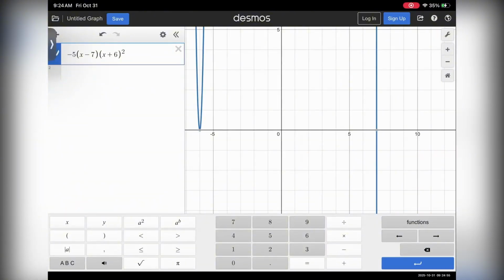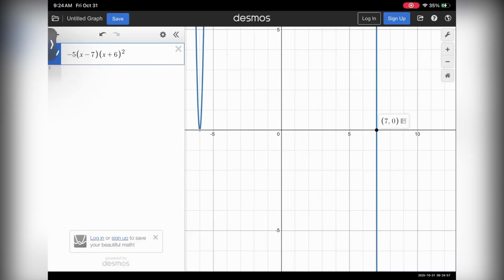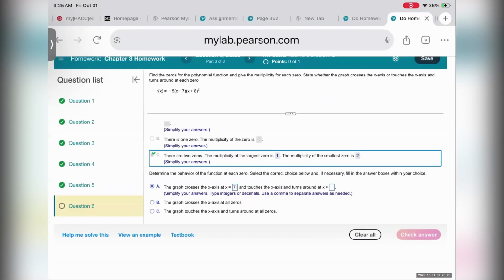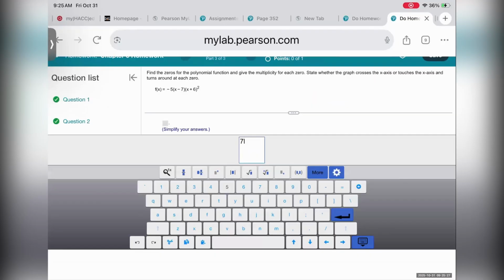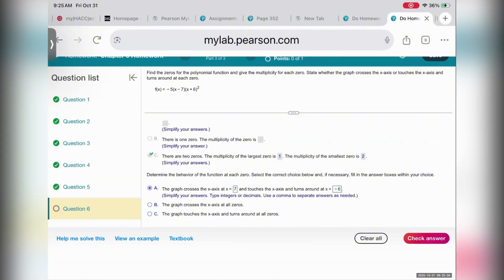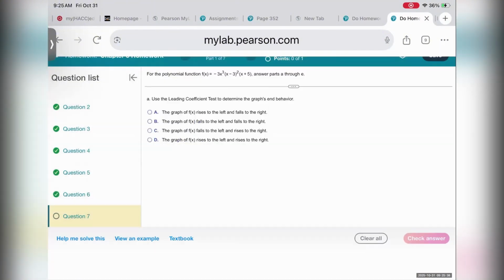Is that the 6? That's the 6. So it touches at -6 and it crosses at 7. Sometimes it's the update. Who knows? It used to not work with the iPad.